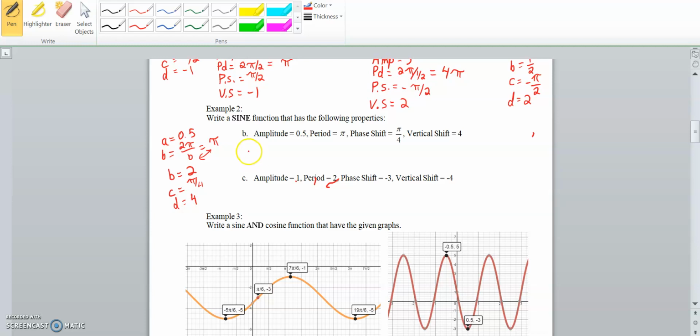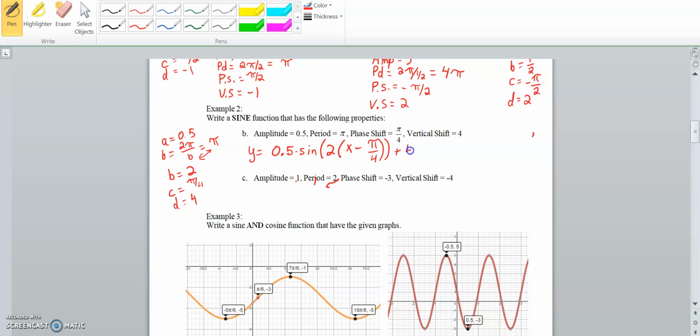So if we want to write the equation, that's y equals a times sine, so 0.5 sine of b, so 2 times x minus c, pi over 4, plus d.